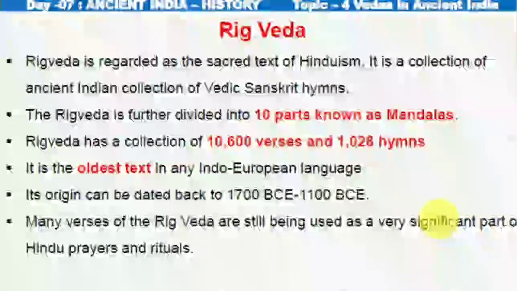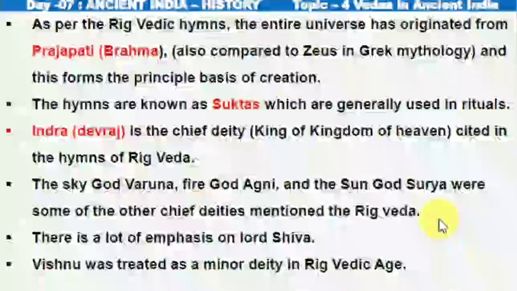Many verses of the Rig Veda are still being used as a very significant part of Hindu prayers and rituals. The prayers and rituals we follow even today are based upon the Rig Veda. As per the Rig Vedic hymns, the entire universe has originated from Prajapati, popularly known as Brahma.